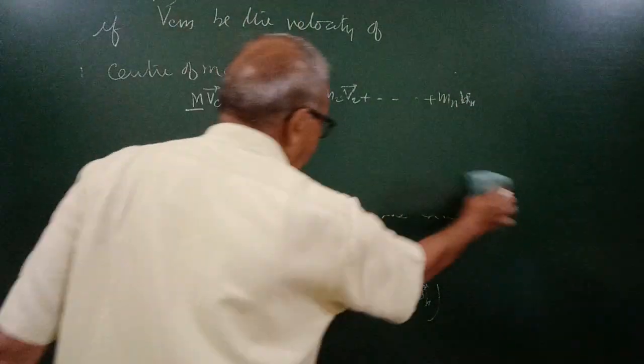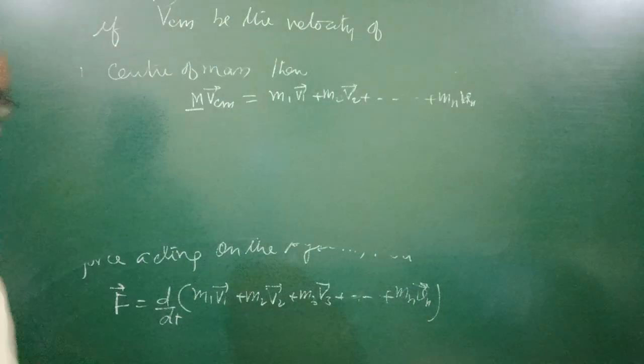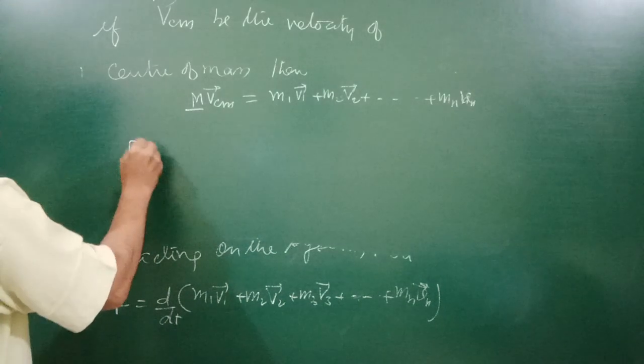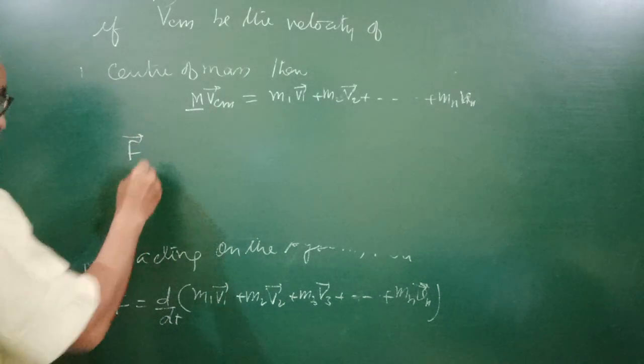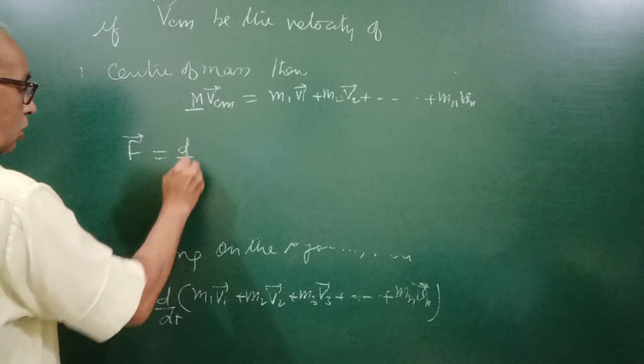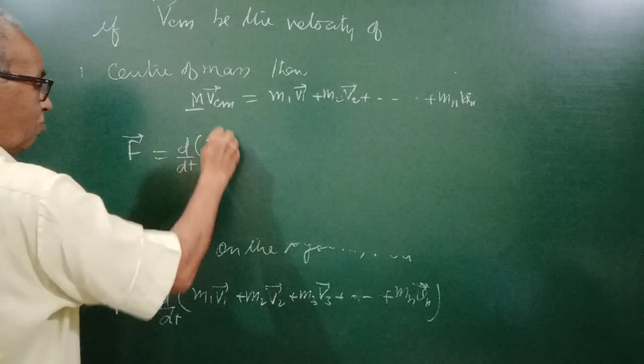Capital M is the total mass of the system, and therefore vector F, this is the external force, is equal to d by dt of M Vcm.